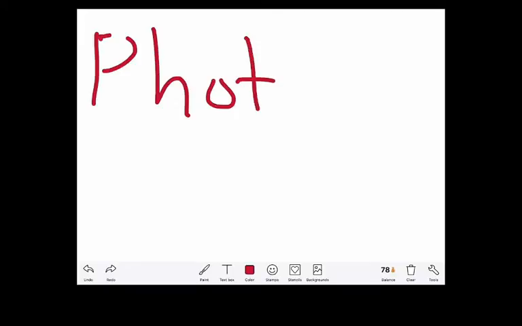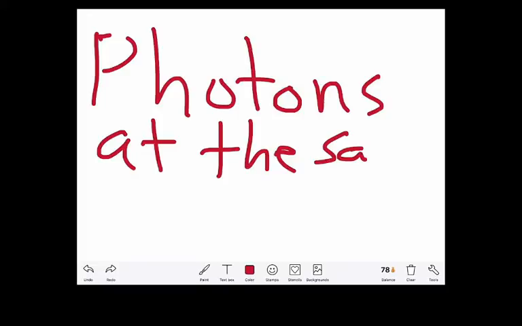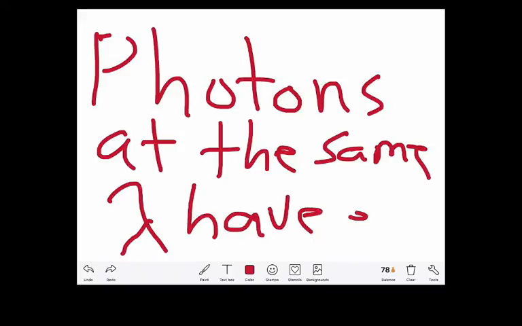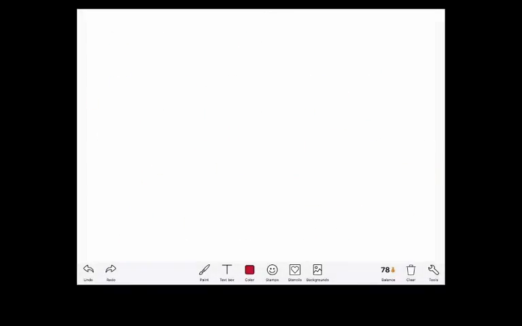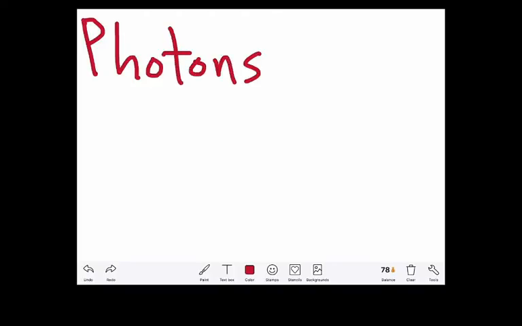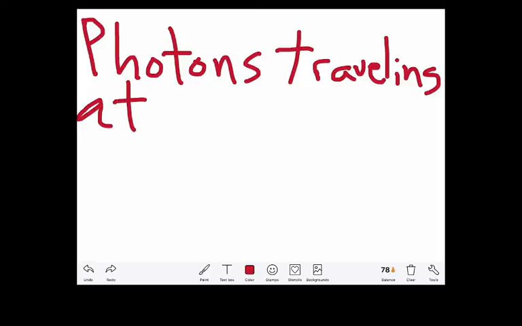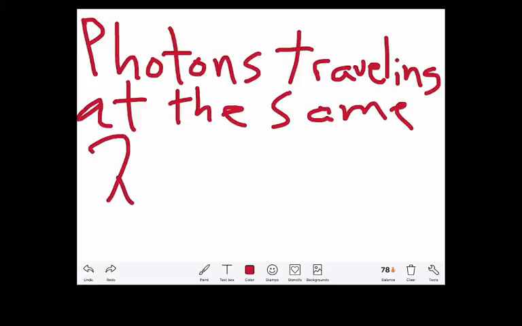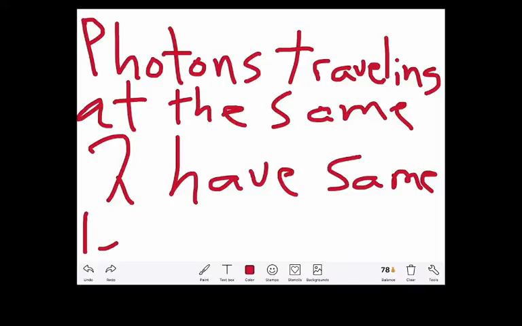Photons that are traveling at the same wavelength have the same level of energy.